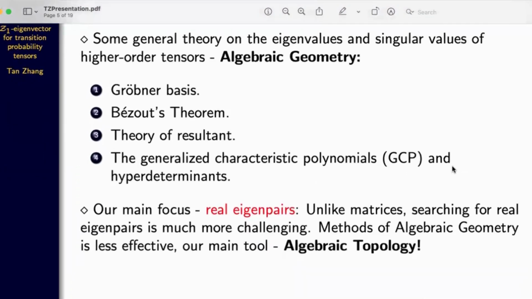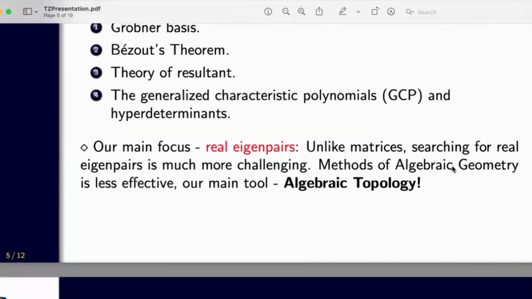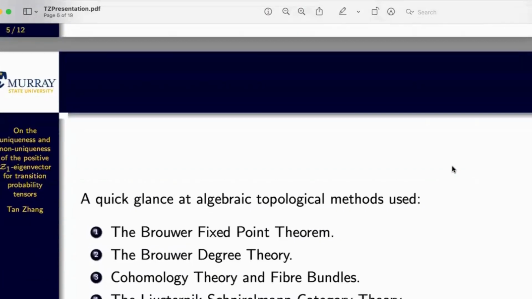However, from many practical purposes, the main focus is placed on finding real eigenpairs. However, unlike matrices, searching for real eigenpairs is a lot more challenging. One effective way to do so is to use tools from algebraic topology.